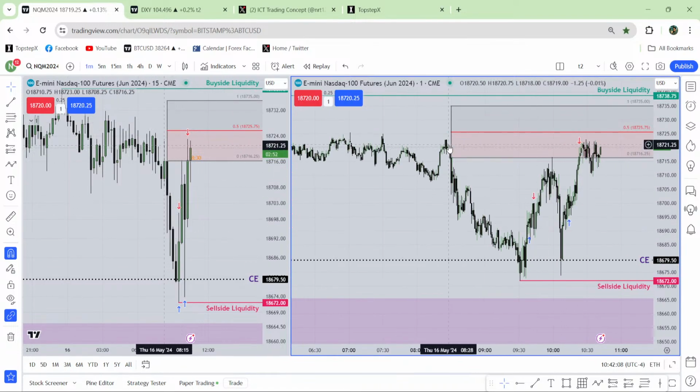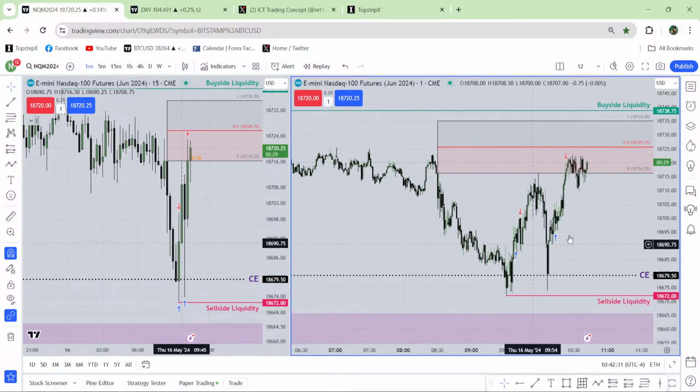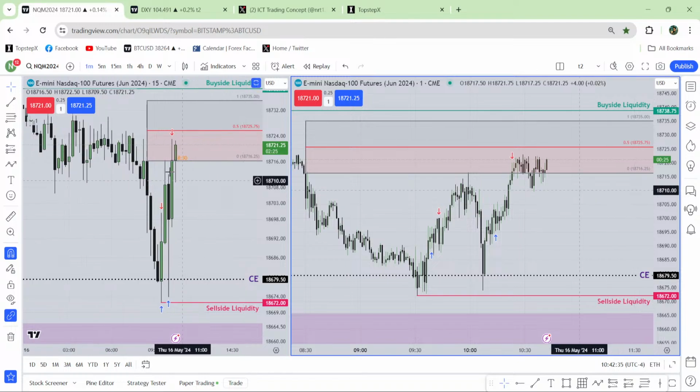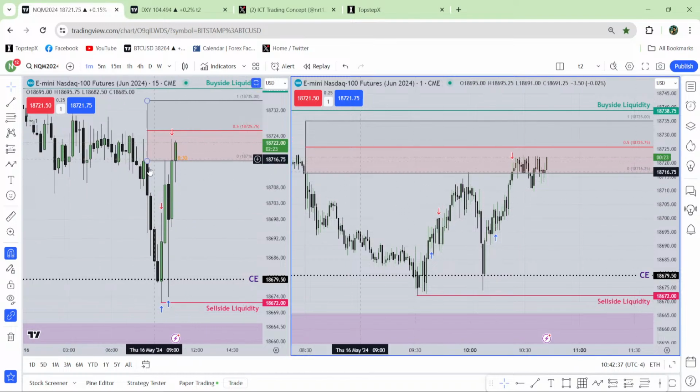The market went lower, came back until here, very near to that high. Not this week, this is the news candle week. It came back until that high, then went lower until this low, then went higher. Still now it is consolidating. It's a highly volatile consolidation. From the 15-minute chart, nothing is clear yet.